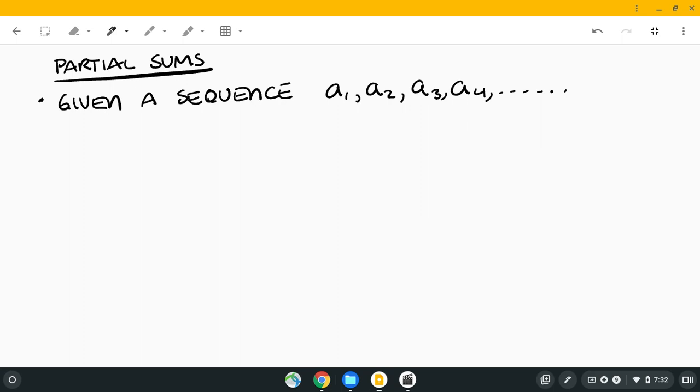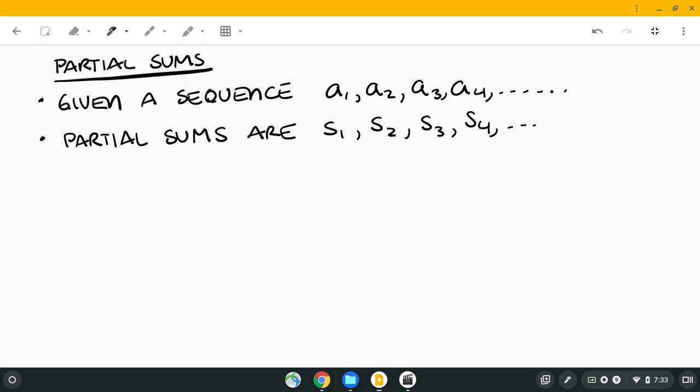Then the partial sums are represented using S1, S2, S3, S4, etc. Okay, and I'll tell you what those mean. So S1 just means the sum of the first term. Well, that's just going to be A1.